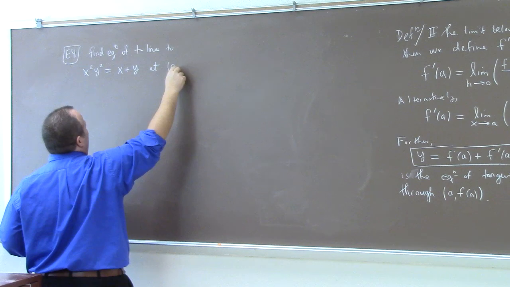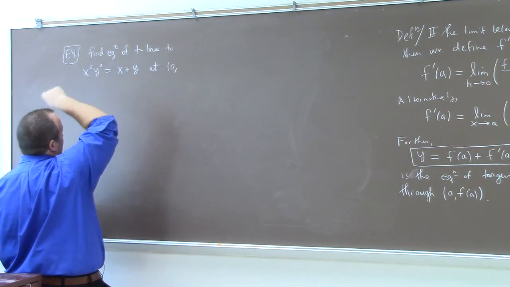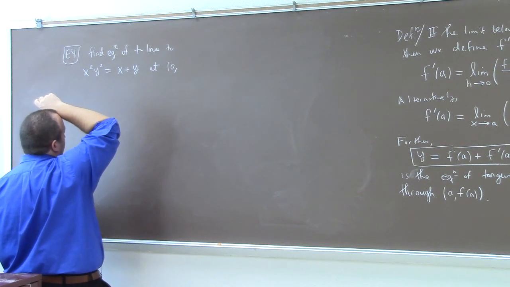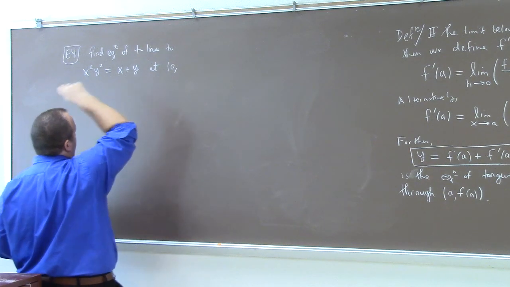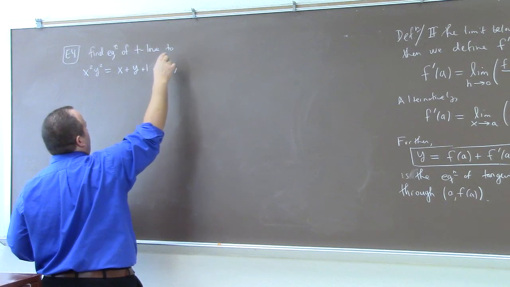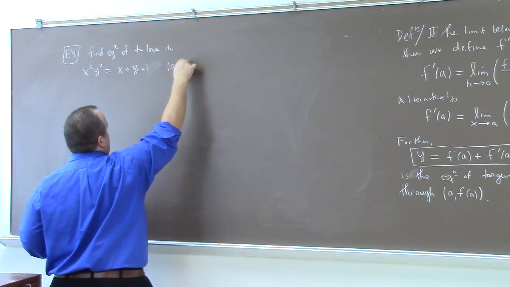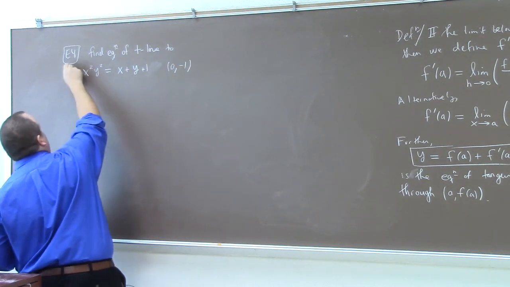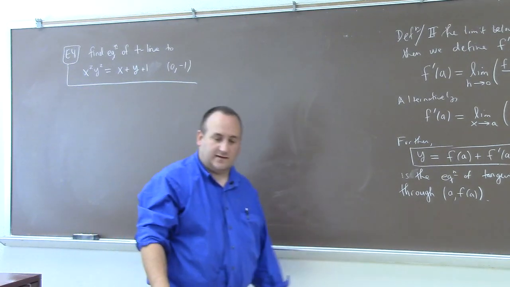I try to make these up, but it always blows up in my face. I'll make this x plus y plus 1. That'll fix it. Well, these always go badly for me. I'm going to try, though. We'll try it at (0, -1). Find the equation of the tangent line to this at (0, -1).